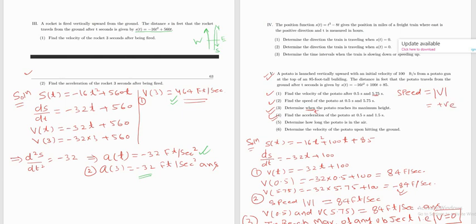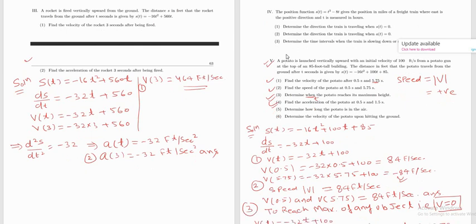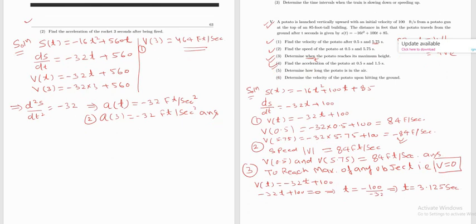I'm going to check not the third, not the second part, but the fifth part.